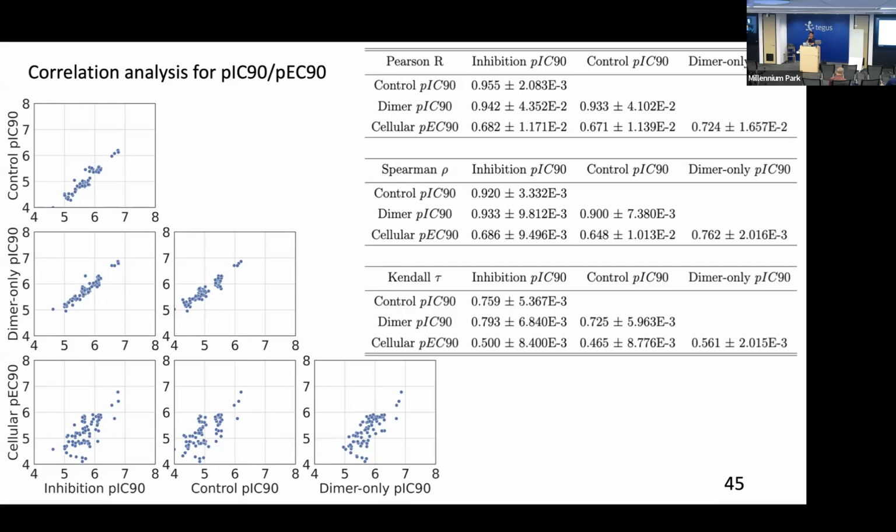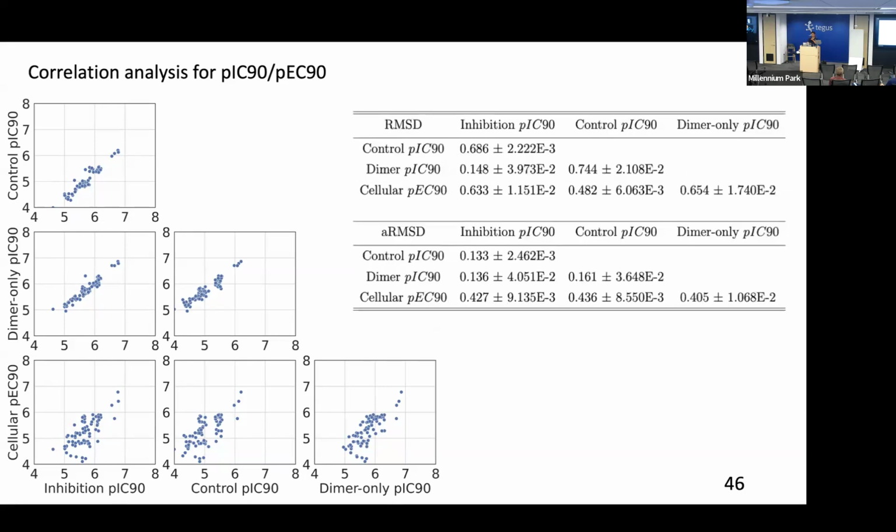And we did see that's the case: the dimer-only pIC90 is a better prediction than the IC50, according to the Pearson R and the Spearman rho and Kendall tau. On the other hand, the root mean squared deviation was slightly higher, although when it's mean corrected, it wasn't higher.